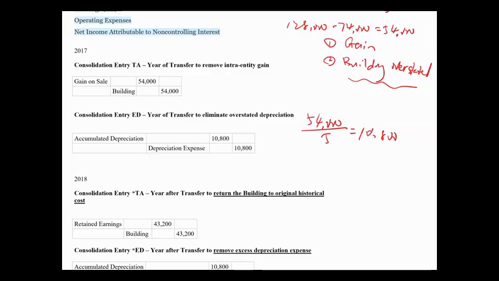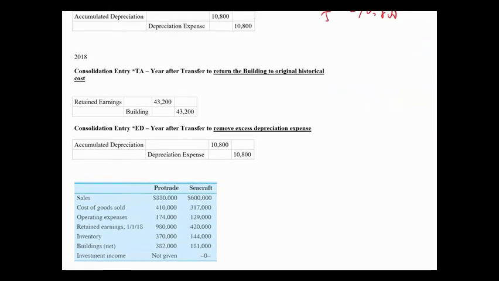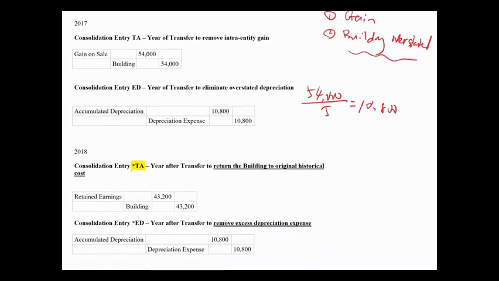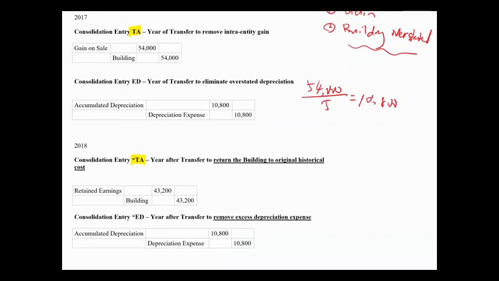Okay, those are the consolidated entries we need for 2017, and then let's move on to 2018. In 2018, we are going to have entry star TA. This star TA is related to the prior TA, and in this transaction, we debit retained earnings and credit buildings. Why we do so is because in the second year, there's no longer a gain anymore, because the gain only appears in the year that this transaction happened.